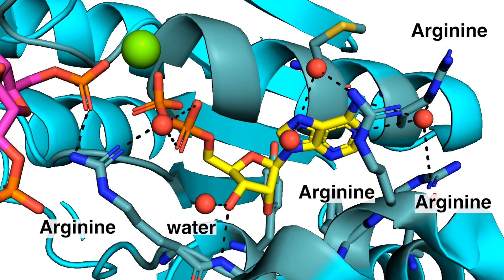And then there's another group of positively charged residues over here. So there's, I believe, three arginine residues that all have a positive charge and are coordinating with water to sort of interact with that purine ring on that ADP molecule.